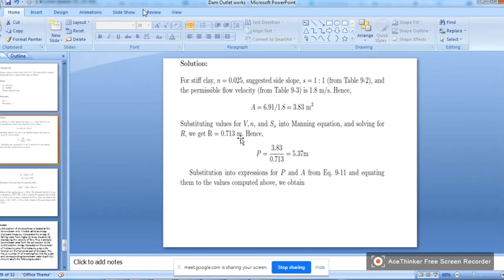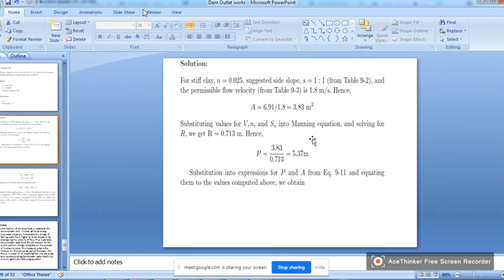Right? Then what is P? R is equal to A by P, so P is equal to A by R. What is P? P is equal to B plus 2y.